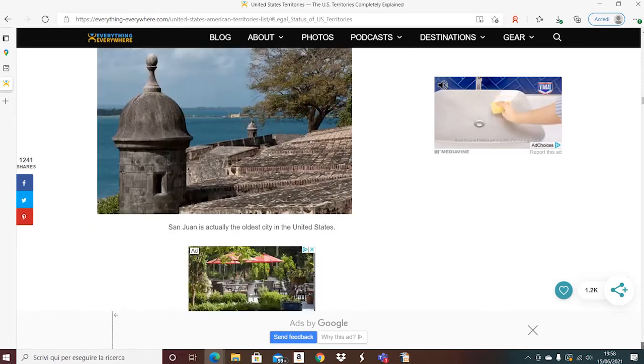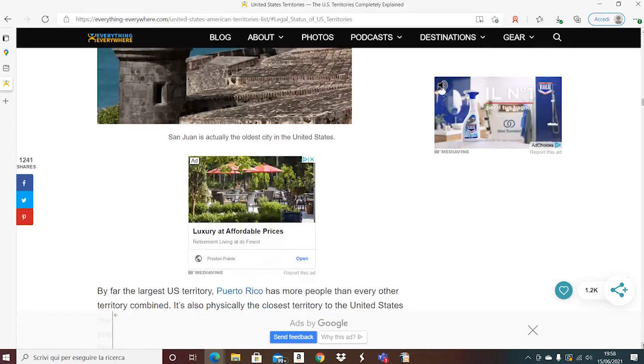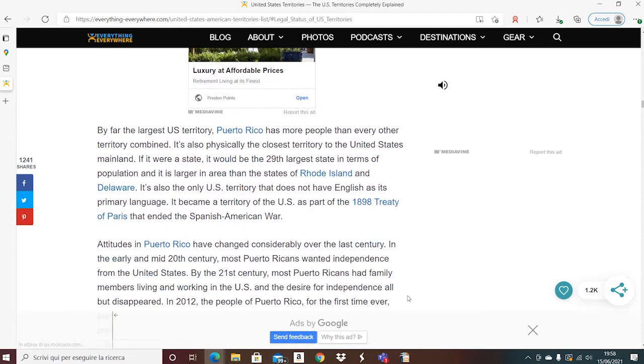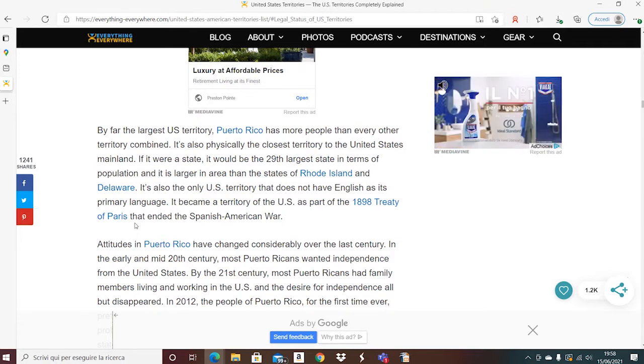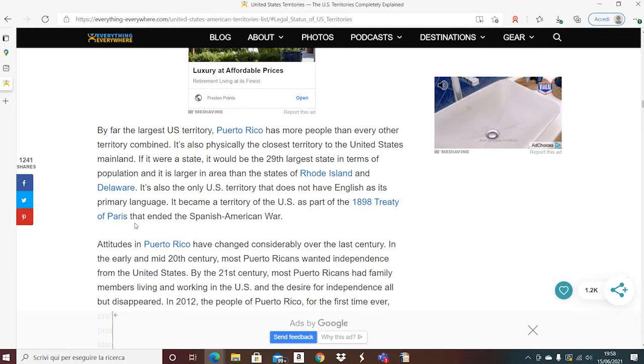San Juan is actually the oldest city in the US. By far the largest US territory, Puerto Rico has more people than every other territory combined. It's also physically the closest territory to the US mainland.